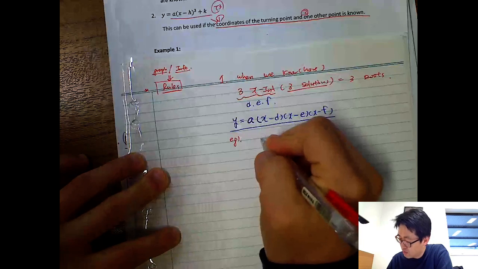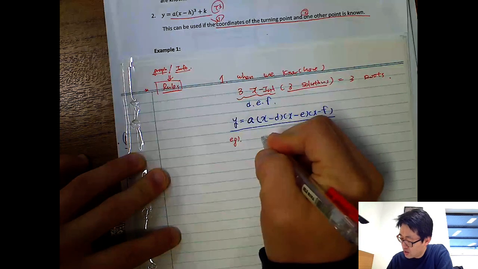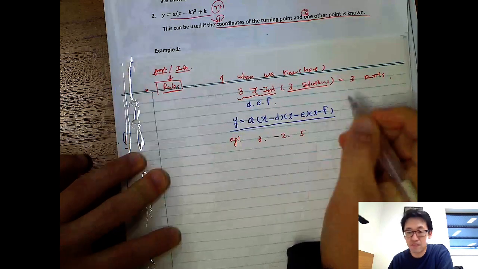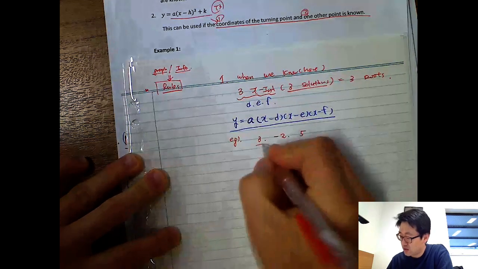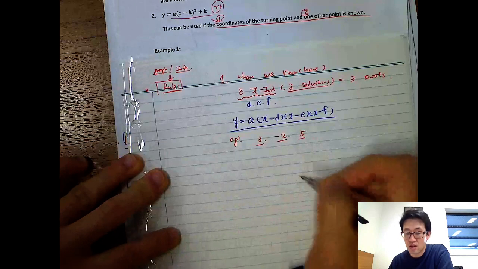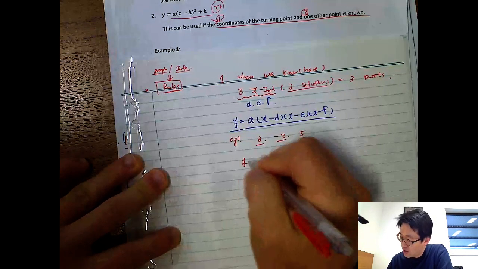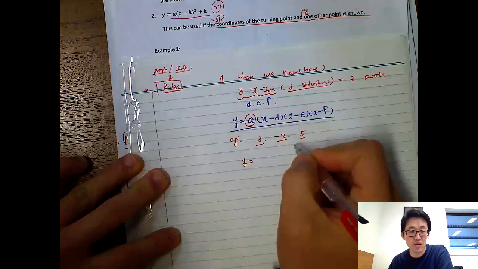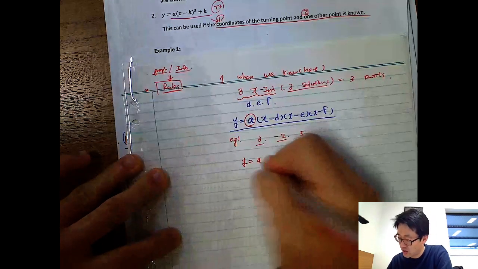Let's say the x-intercepts are 3, minus 2, 5. The x-intercepts are given. Then I can write down y equals, can I figure out a from this information? No, we don't know, so I'll write down a.